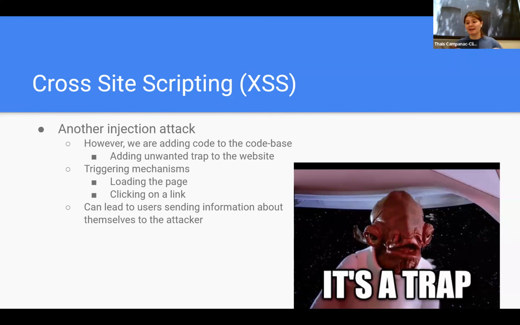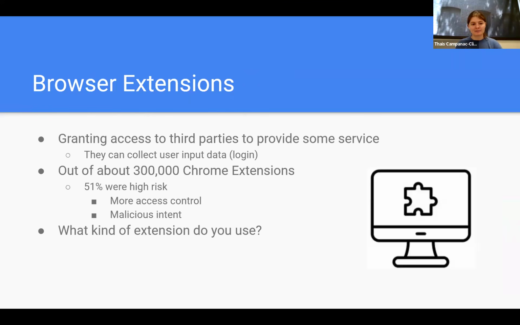And that's basically the basic overview of cross-site scripting, another version of an injection attack. Another web exploit or vulnerability we should think about is browser extensions, which is something a lot of us use day to day. I have the extension for Grammarly to make sure that whenever I send an email, everything is great, not sponsored or anything.